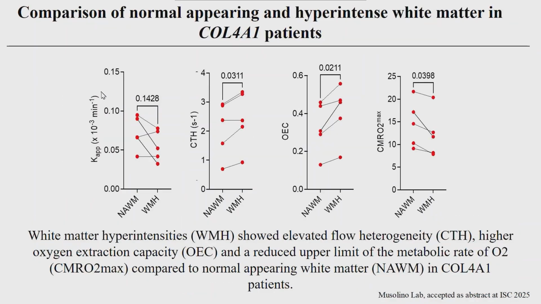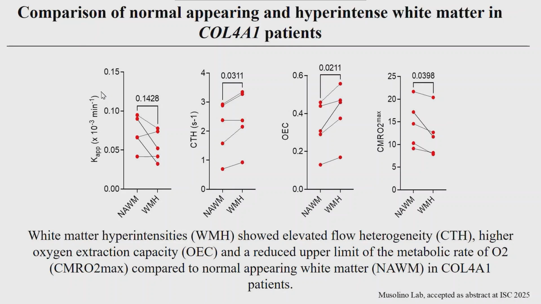Further, we showed elevated flow heterogeneity, higher oxygen extraction capacity, and reduced upper limit of the metabolic rate of oxygen in these patients in normal appearing white matter. All of these biomarkers speak to the capacity of the microvascular flow, its disruption, and blood-brain barrier leakage in these patients.